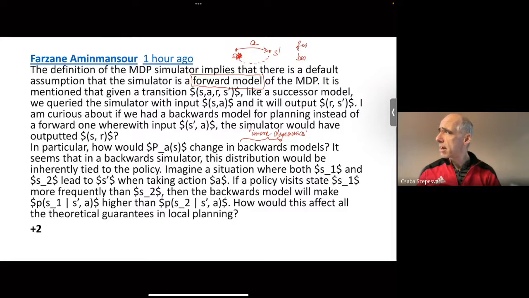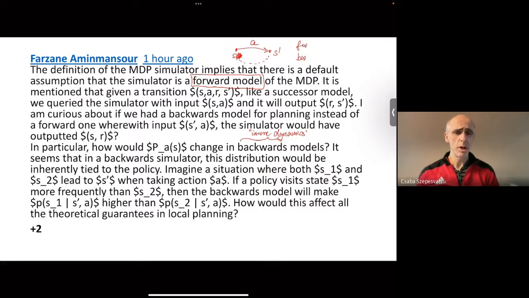Yeah, these backwards models are kind of weird to me. I view them as an attempt to make certain algorithms work when you can't even meaningfully define them. So what you're asking is really whether these backwards models can be meaningfully defined at all.